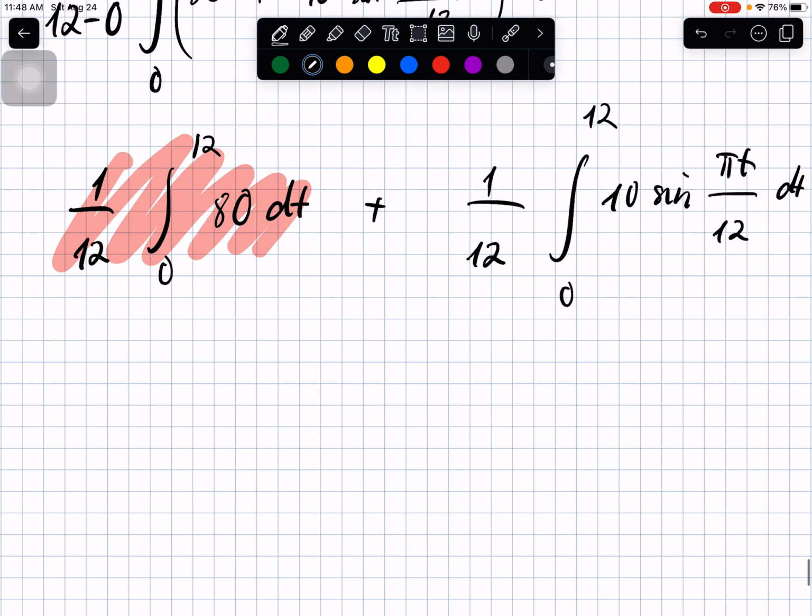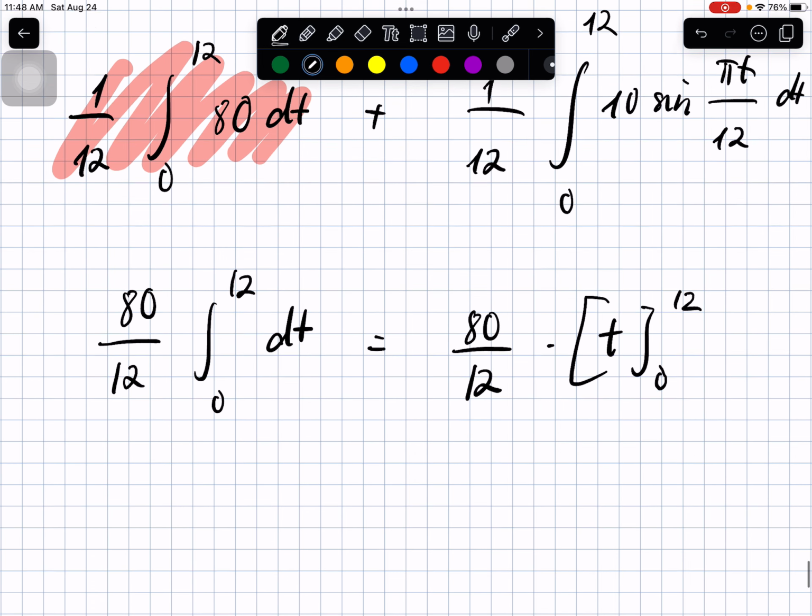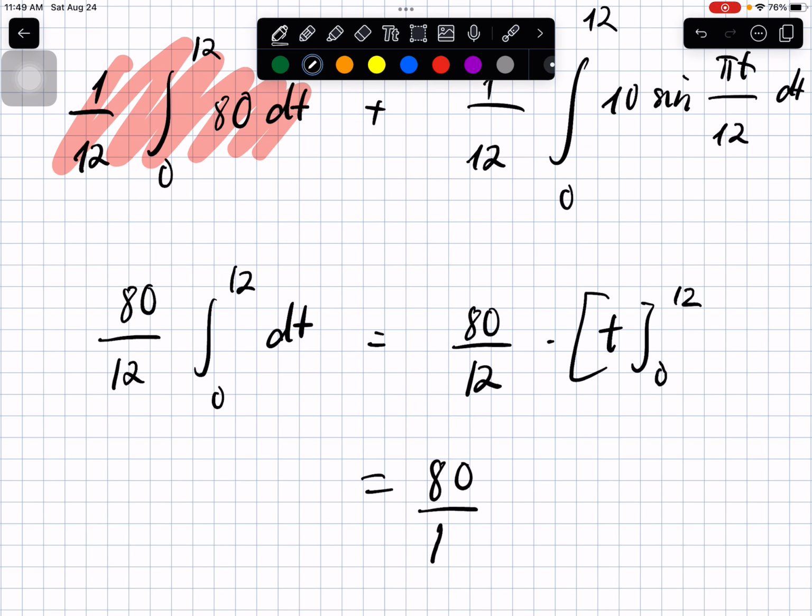This is 80 over 12 times the integral from 0 to 12 of dt, which is 80 over 12 times 12. This is 80, so we are good with this.